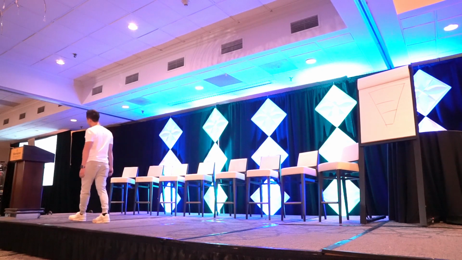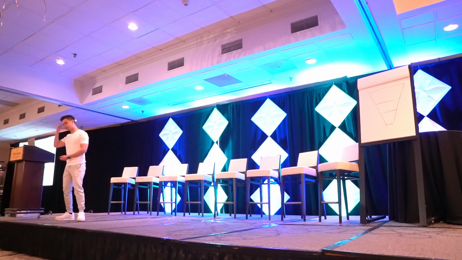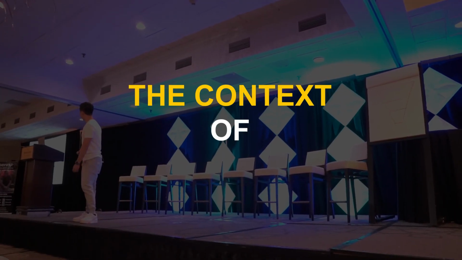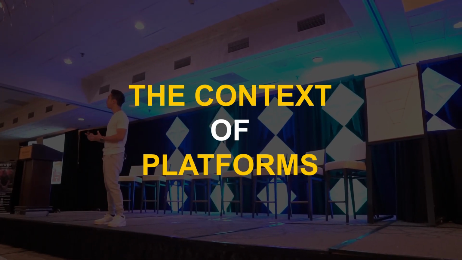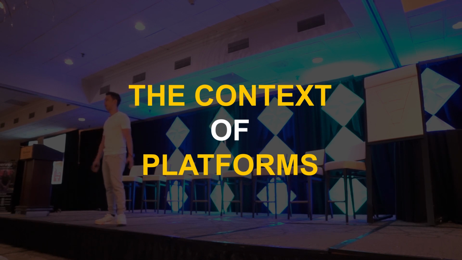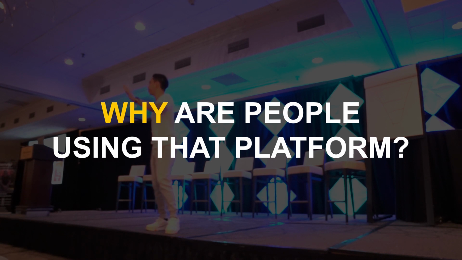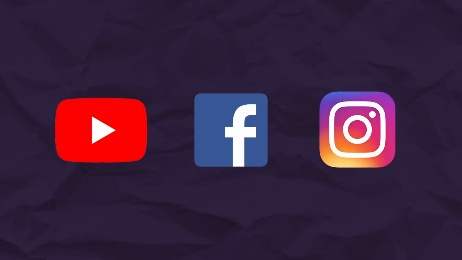To show you how we set up the system, first understand the context of platforms. When you start creating these different pieces of content, we need to understand why people are using that platform to begin with. When people go on that platform, what is their mindset like?